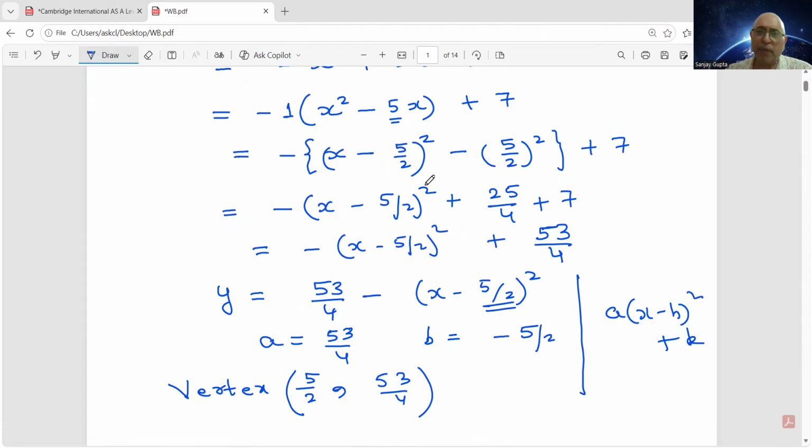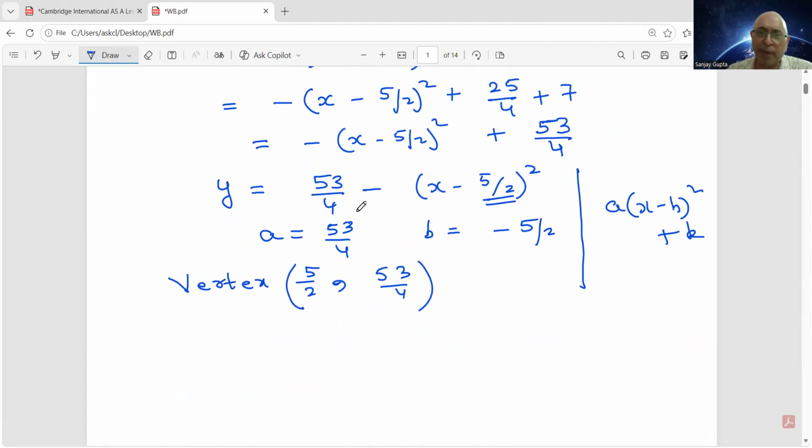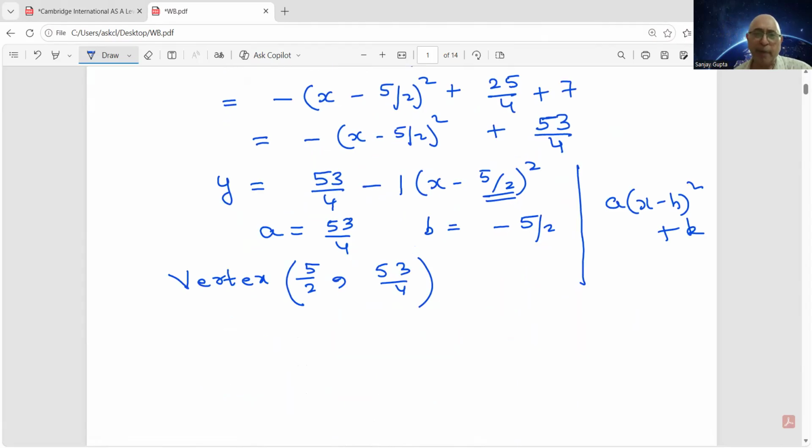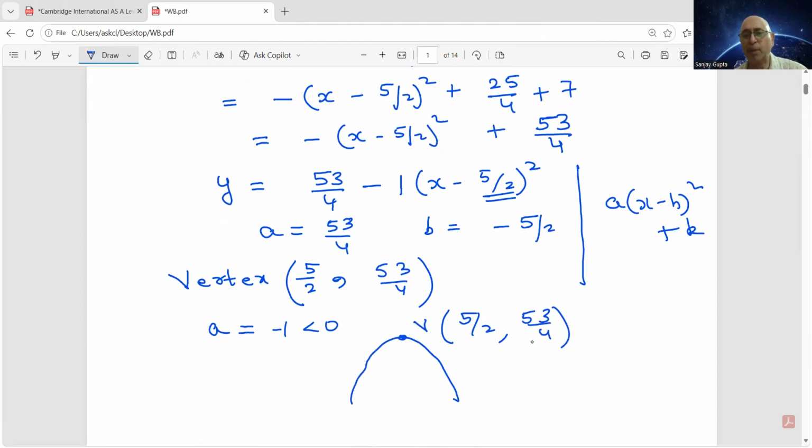And because the coefficient of x squared is negative, which is minus 1 here, that means a is negative. a is minus 1, which is less than 0. This is going to be a parabola like this. And therefore these coordinates of the turning point give me a point of maximum. So the maximum value of the function is 53 by 4.